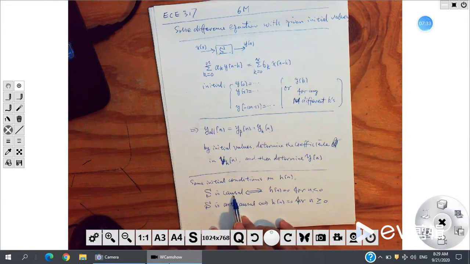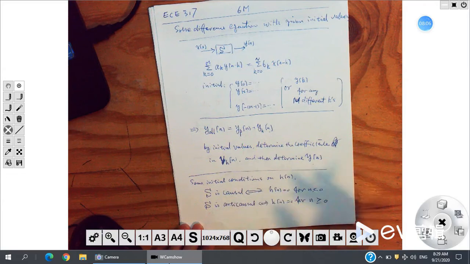Causal means the value of the output only depends on the current and past input. And anti-causal is the reverse: the output only depends on future input. It sounds impossible, huh? But in certain cases we need it, like if you already have all the data, then you can consider this set of data at any time, including some future time.